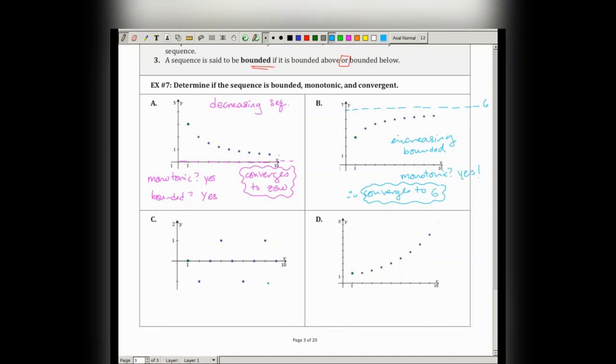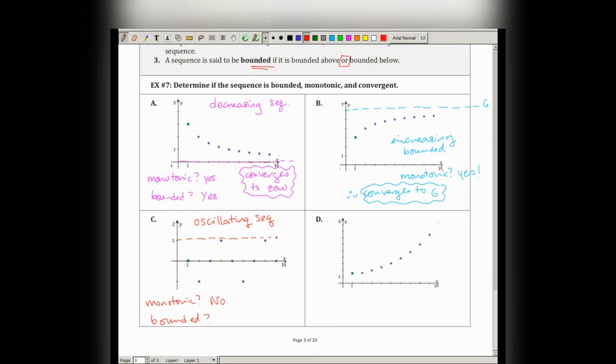Okay, what about this one? Well, we saw this one. This is oscillating. Okay, is it monotonic? No. Is it bounded? And look at that.